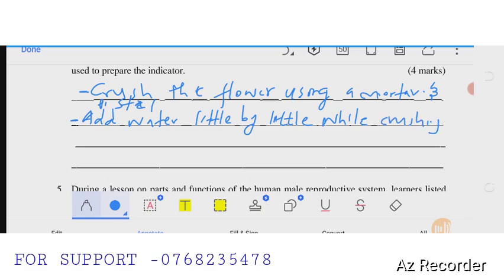So you add water little by little while crushing.